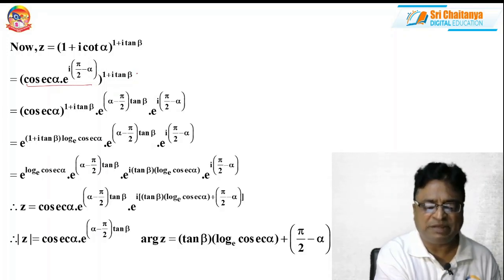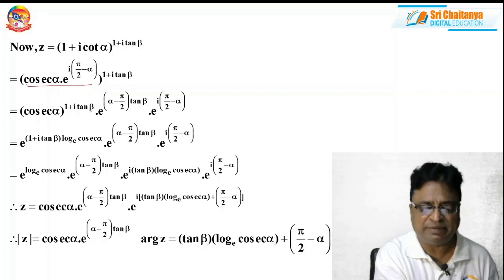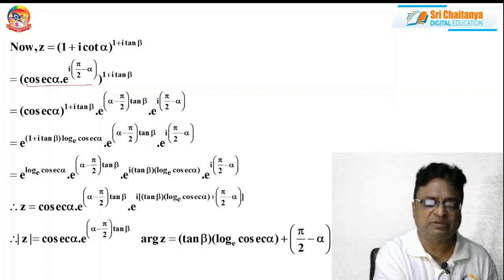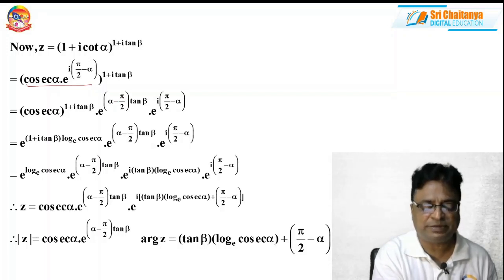Now you multiply i (pi by 2 minus alpha) with 1 plus i tan beta and separate the terms, then it becomes cosecant alpha to the power of 1 plus i tan beta into e power (alpha minus pi by 2) tan beta into e power i (pi by 2 minus alpha), because i into i square means minus 1, that minus I have sent in the bracket, therefore pi by 2 minus alpha becomes alpha minus pi by 2.